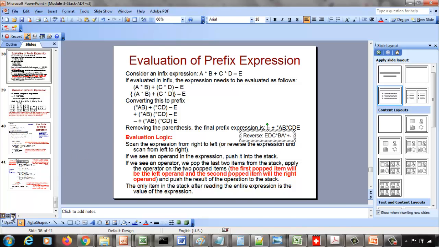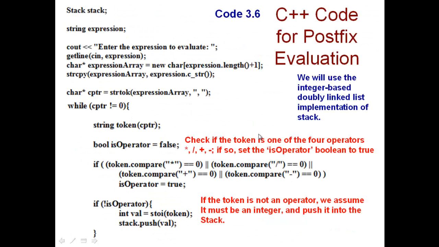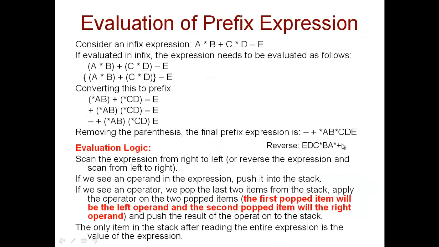Why do I mention two different ways? Because if you scan it from right to left, we can avoid using the reverse function. So if you have a problem using the reverse function, you can simply scan this expression from right to left.